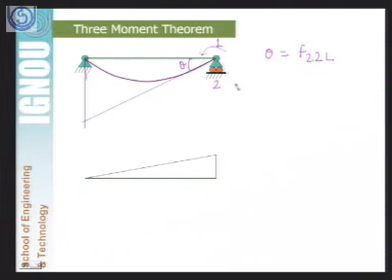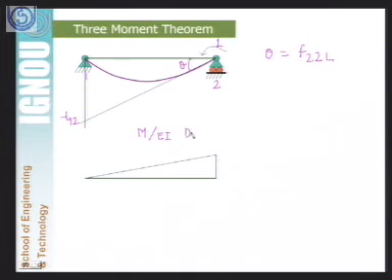So again we will use the same moment area method to calculate this angle theta, because as we know this length is equal to T12, and we can calculate T12 from the moment area method, the value of the moment of the M by EI diagram taken about point 1. So in this case what will be the M by EI diagram? From the earlier one there is a little change here.